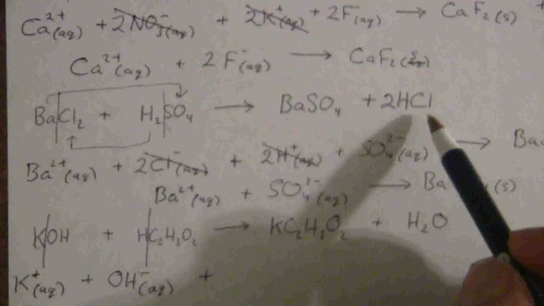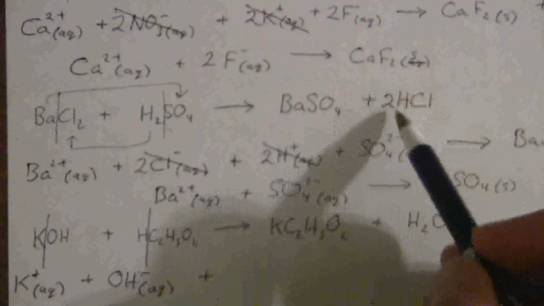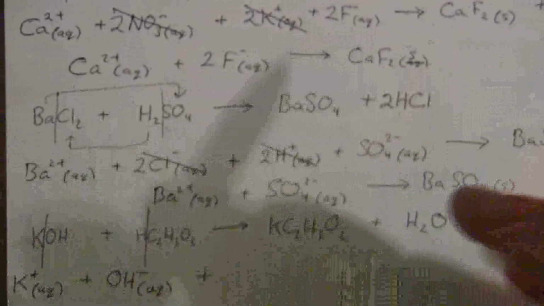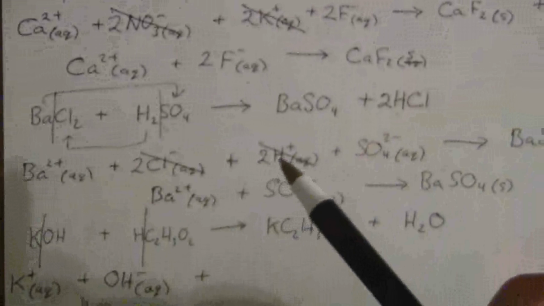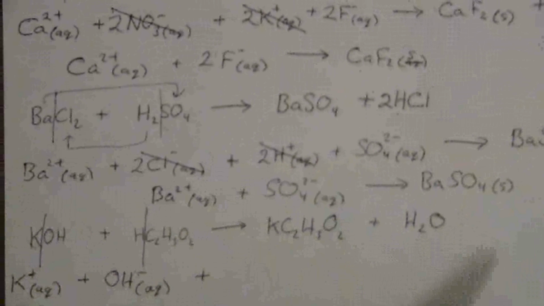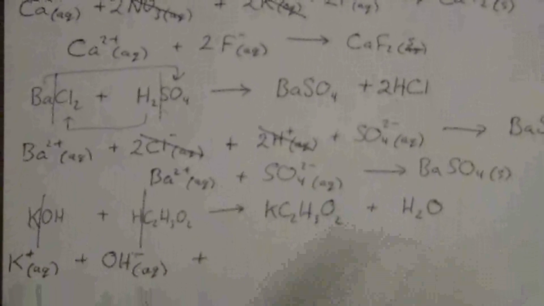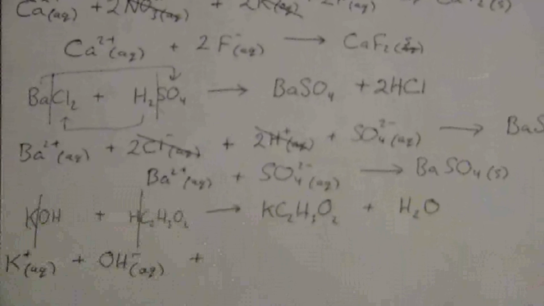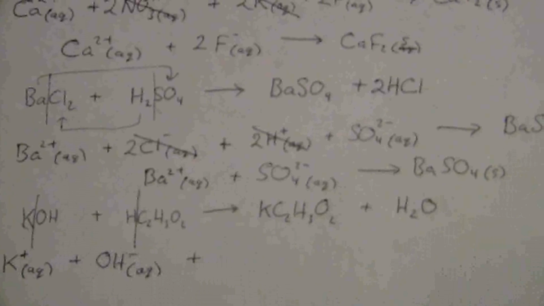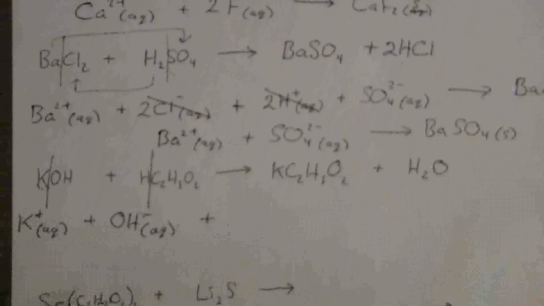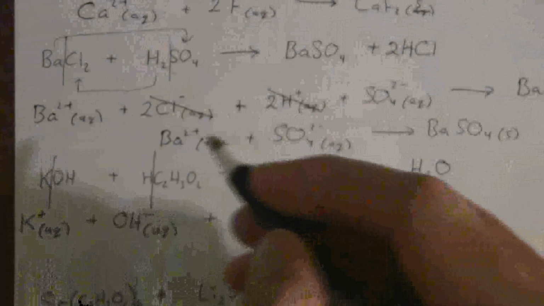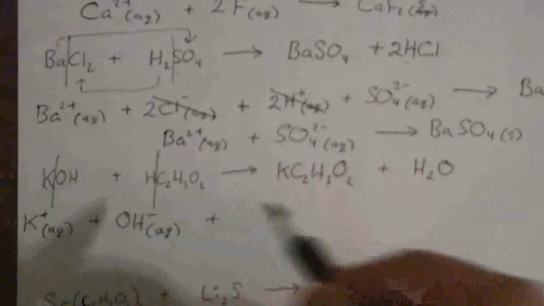There's also hydrobromic acid, HBr, hydroiodic acid, HI, nitric acid, and perchloric acid. Those are the 6 main strong acids that we will encounter in this general chemistry course. Any other acid is a weak acid, including acetic acid.